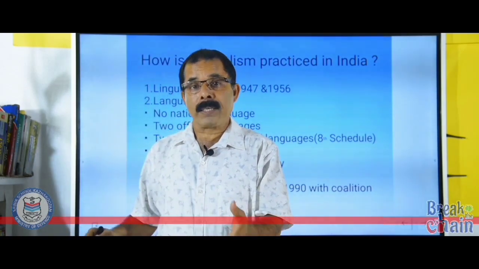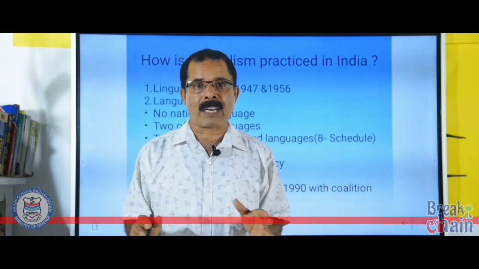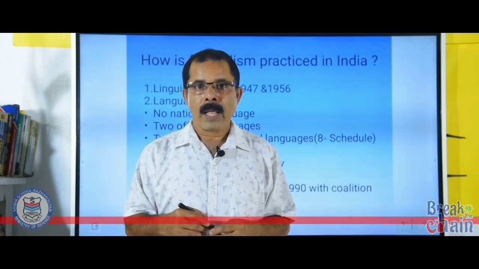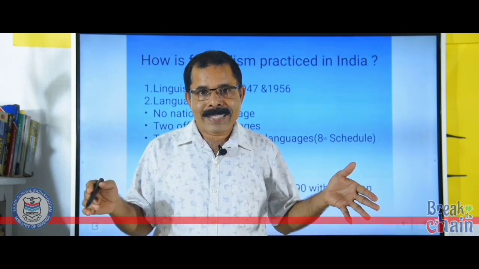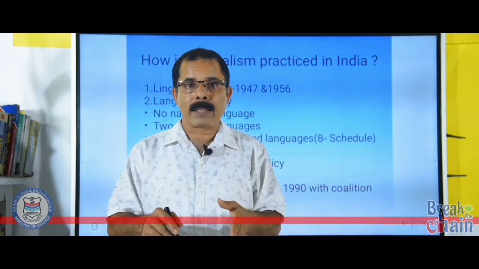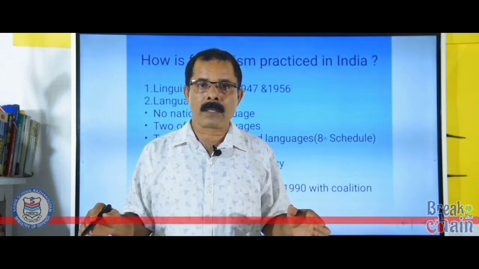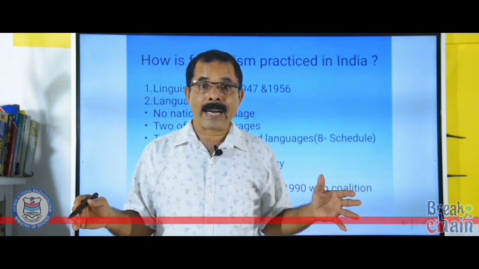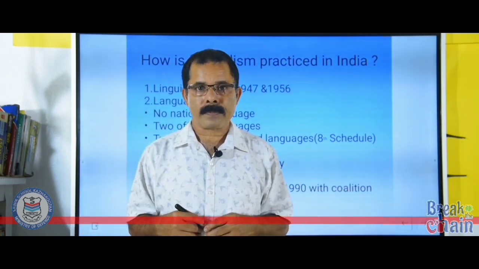DMK, otherwise AIADMK of Tamil Nadu were part of it. The Biju Janata Dal from Orissa was part of it. National Conference was part of the central government. So when these state parties became coalition partners, these states began to get the central support, and the relationship between the center and state became so strong.